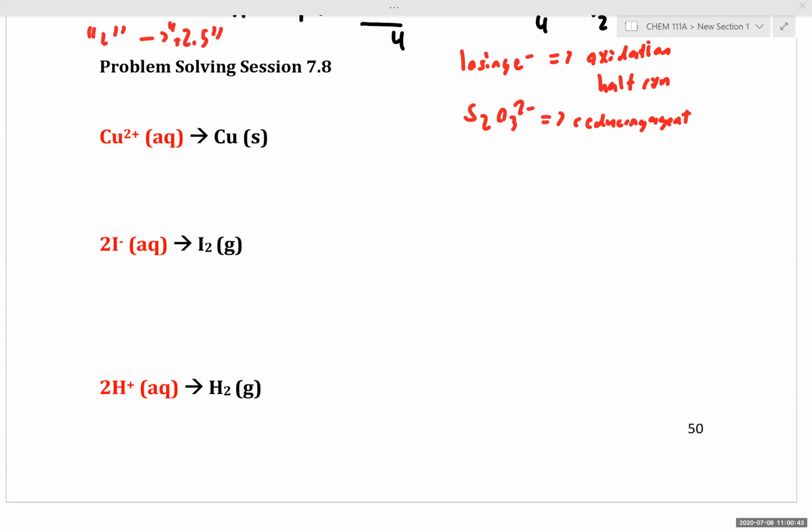The responses I see in the chat so far look quite good. Let's keep working through this example, and we'll discuss in about another 3.5 to 4 minutes. Don't be shy to message your proposed responses for each of these reactions in the chat.